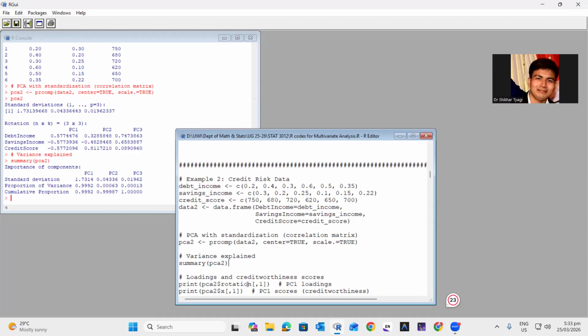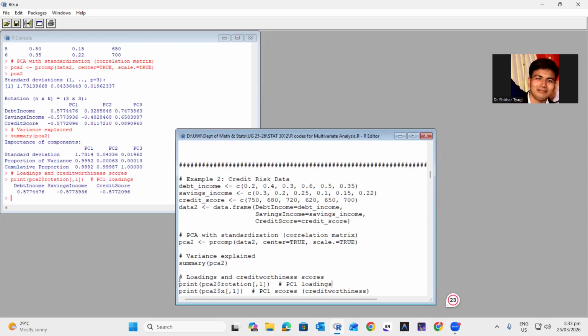After that, we are going to check the loadings of the principal components. The PC1 loadings are 0.577 and so on, minus 0.577 and minus 0.577.